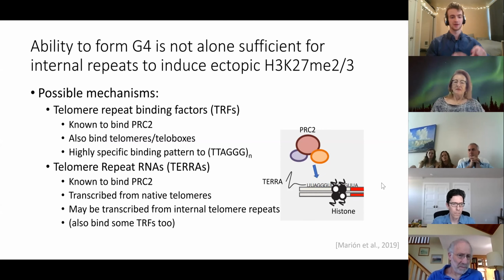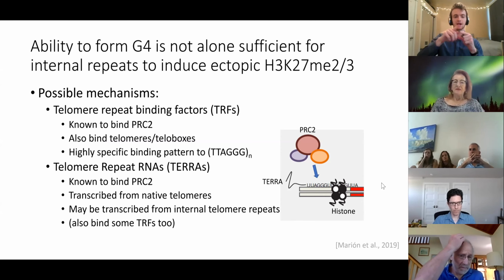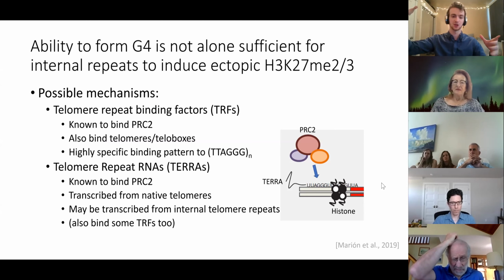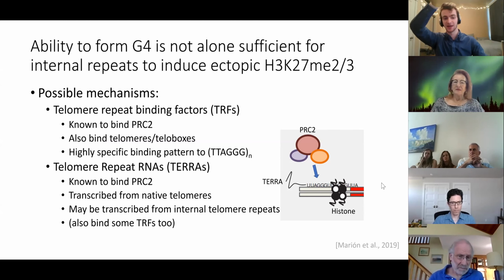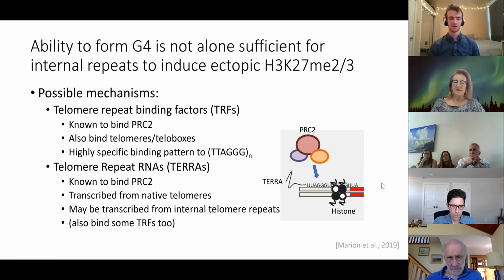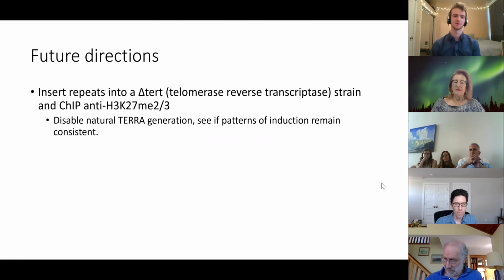So as this sequence of internal repeats is being transcribed, you would have the RNA coming out of the polymerase, and if PRC2 were to bind to that, then that could temporarily get it to linger around the DNA that was being actively transcribed, which would potentially get it to do its catalytic activity there. It has also been known to associate with some TERFs, so there may be interaction between these two hypotheses, which in my opinion makes me trust it more.